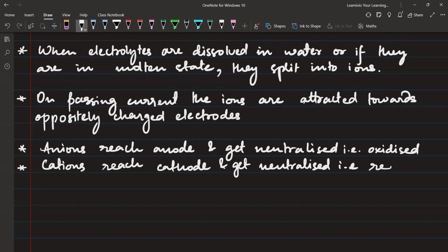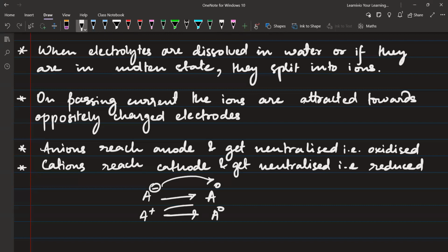That is reduced. Sir, how can you say that anions, when they get neutralized, that is oxidation, and when cations get neutralized, it is reduction? Suppose we have A negative, when it becomes neutral, it will be A0. So obviously negative to 0 is oxidation. But if you have a cation, then it will become A0, that is obviously reduction. And wherever oxidation happens, we call it anode, and wherever reduction happens, we call it cathode. Simple.